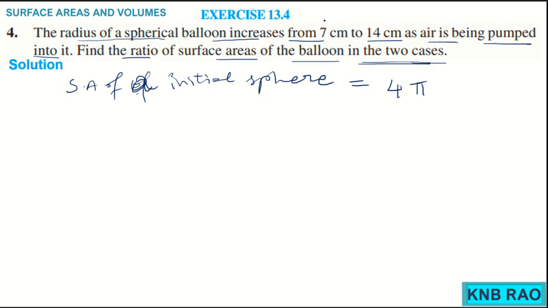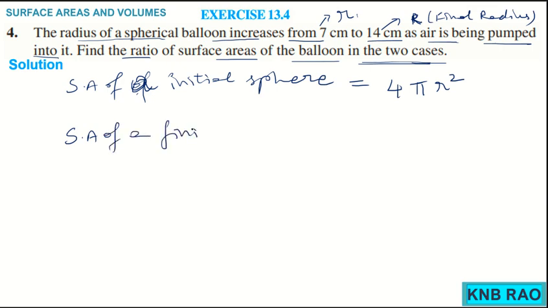I am taking initial radius as small r, final radius as capital R. So, 4 pi small r square is the surface area of the initial sphere and the surface area of the final or bigger sphere after pumping air is 4 pi capital R square.